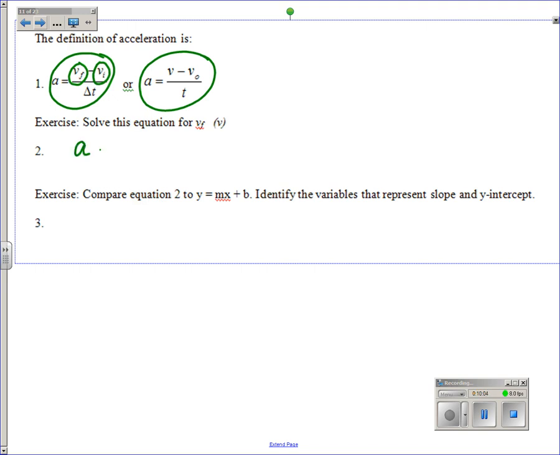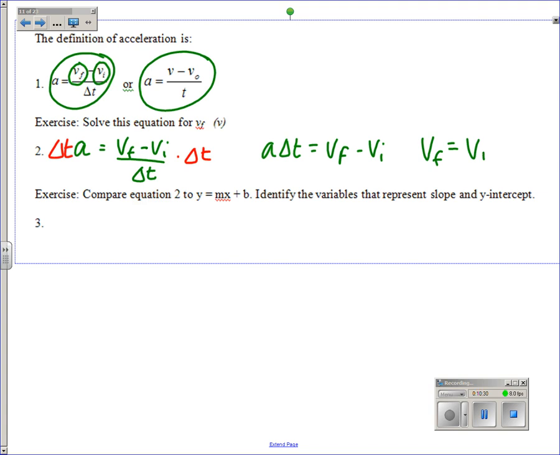So if I had acceleration equals v sub f minus v sub I over delta t, my first step would be to multiply both sides by delta t. And if I do that, I would get a delta t equals vf minus vi. And my next step would be to add v sub I to both sides, and I would end up with v sub f equals v sub I plus a delta t.